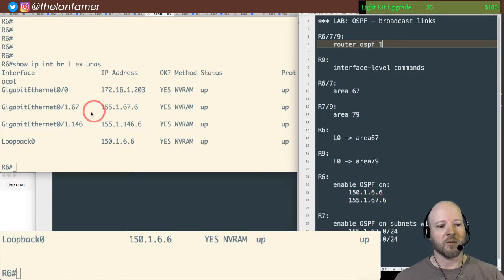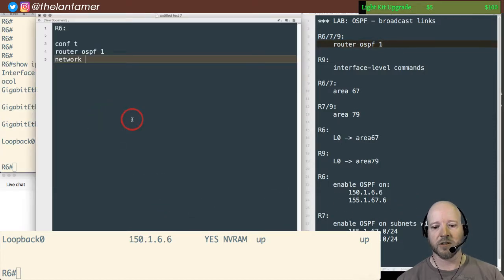Same, 150.1.6.6. To enable those, there's probably 10 different combinations of things we can use here. But I always think it's great to be as specific as you can, because that way, if someone new to the network is coming in and looking at the configuration, what's going to make the most sense?